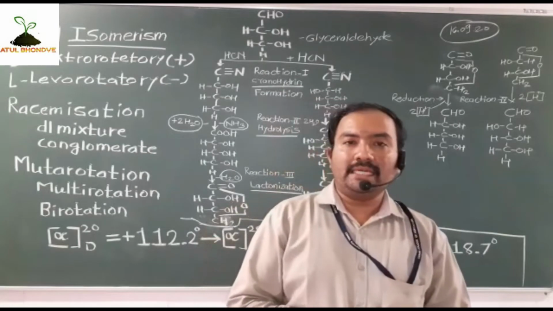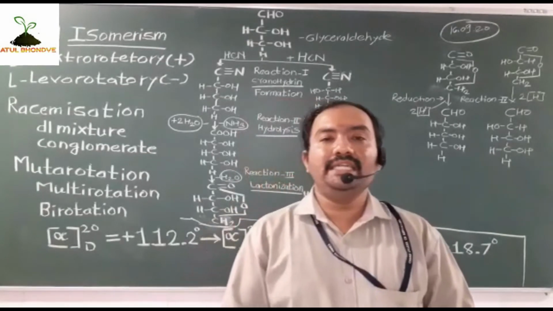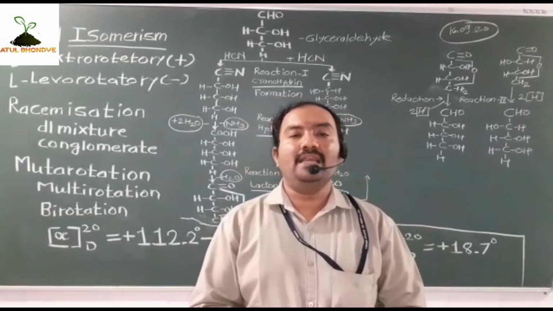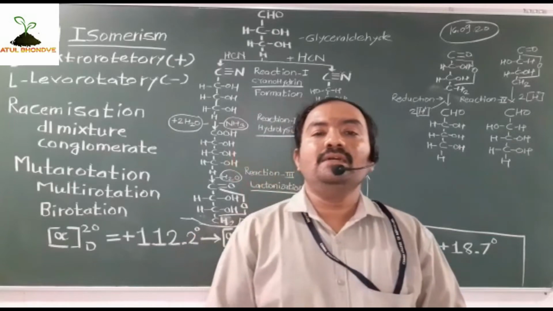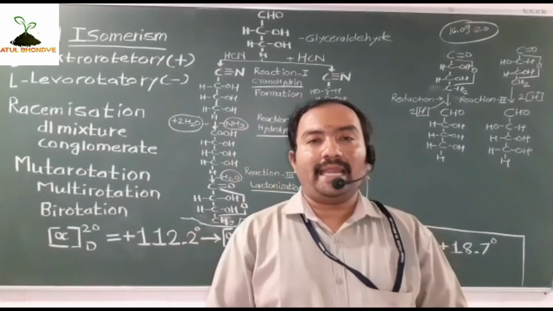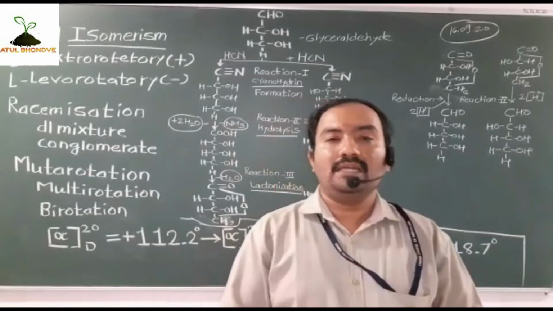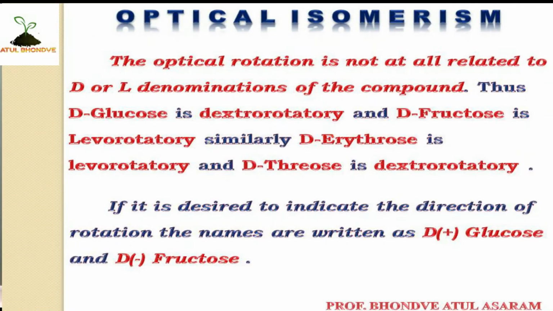The concept of optical isomerism and the denomination of D or positive sign and L or negative sign is a property of compounds which are optically active, consisting of an asymmetric or chiral carbon atom. But these are not spatial properties regarding the behavior of the compound. D-glucose is dextrorotatory and D-fructose is levorotatory.